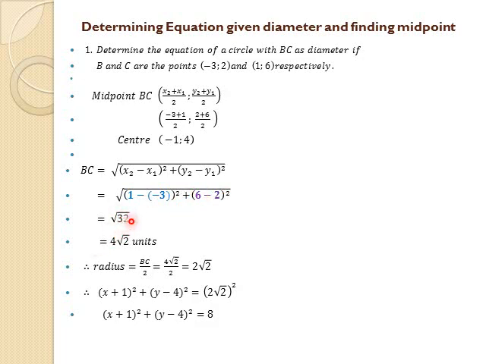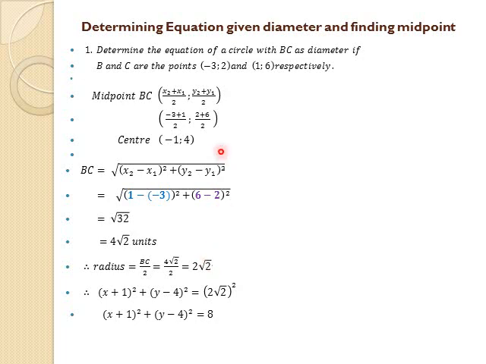In there, 16 times 2, so square root 16 is 4, so 4 square root 2, but you can just punch it in your calculator. So BC is the diameter. The radius, you should know, is half the diameter, so BC divided by 2: 4 square root 2 divided by 2 gives me 2 square root 2.